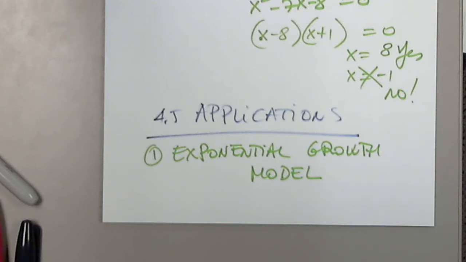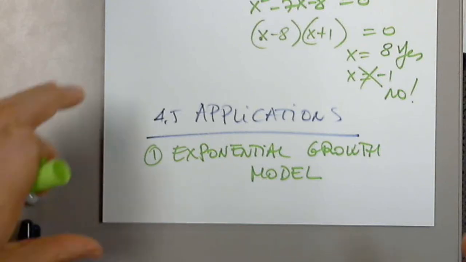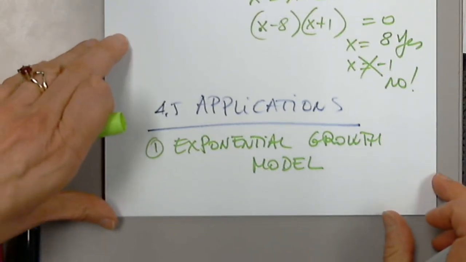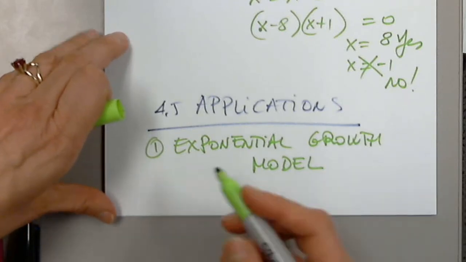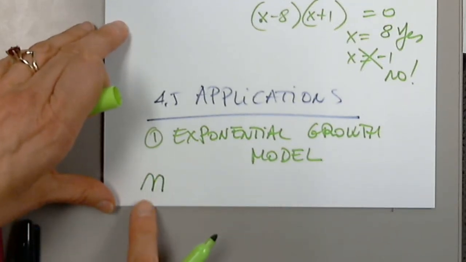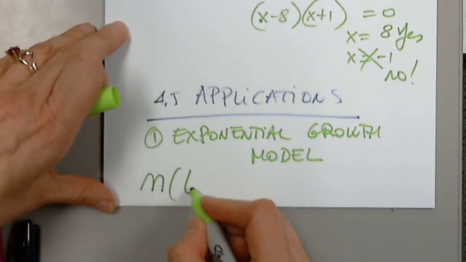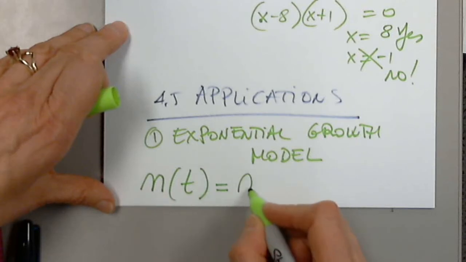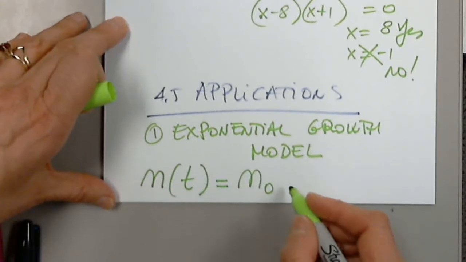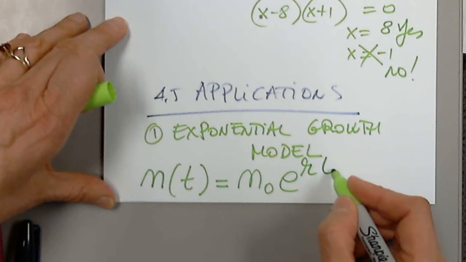Yes, people. So the exponential growth model, normally we don't use the notation in our book, but I'll show you both. We say n, number at time t, is the number n0 e to rt.